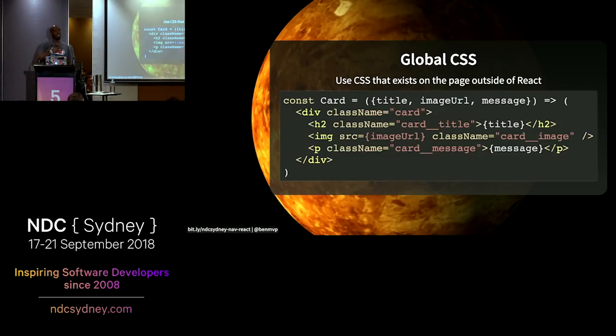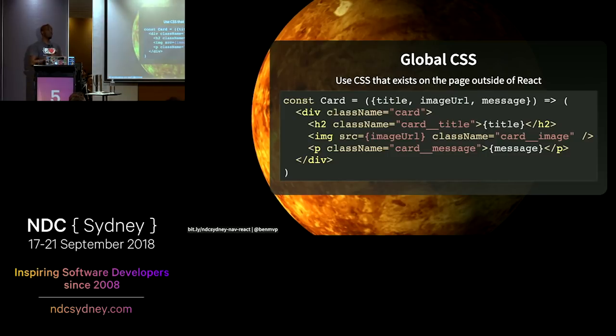So likely if you're transitioning to React from something else, you likely already have a CSS solution in place. You're already creating something that's bundling your CSS together. So you have this global CSS that you can just refer to inside of your components. So you'll just create new React components and then reference those CSS classes.